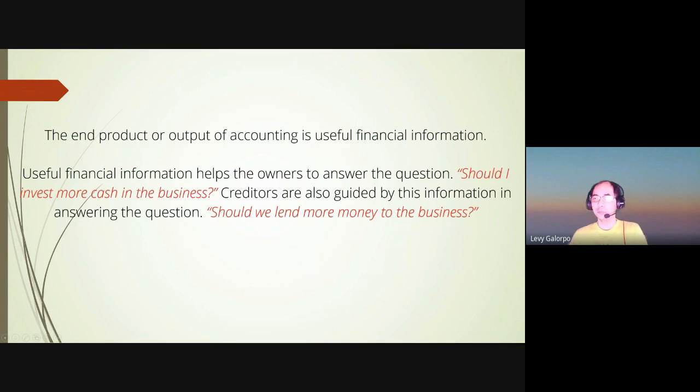Okay, no? Ako ba bilang investor, maglalagak ba ako ng mas marami pang kapital sa aking negosyo? Okay, creditors are also guided by this information in answering the question, should we lend more money to the business?